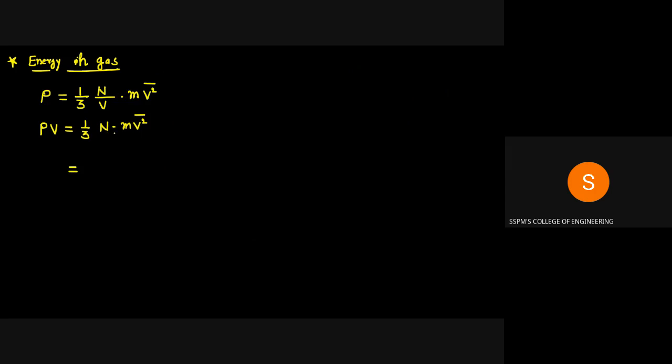Now we will write this equation in terms of kinetic energy. We have the velocity square term and the mass of the gas, so just write here 1 by 2. So this is 1 by 2 m v square average, and adjusting this 2, it becomes 2 by 3 into N. Now this term is the kinetic energy. So we can write 2 by 3 N into kinetic energy is equal to PV.